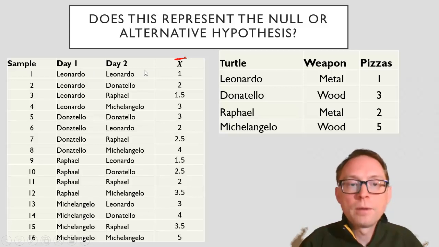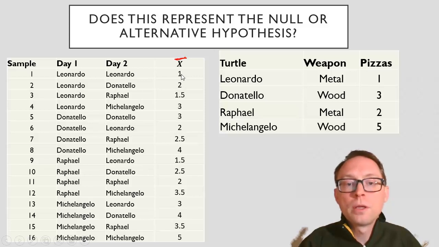Leonardo eats 1 pizza every day. Donatello eats 3 pizzas every day. So 1 plus 3 divided by 2 is 2. These are all the possible means that could happen when the null hypothesis is true.